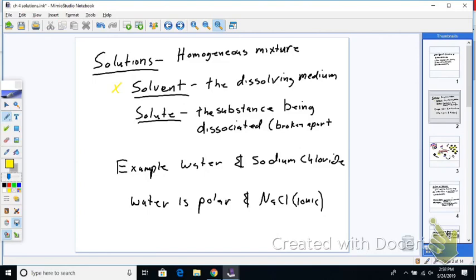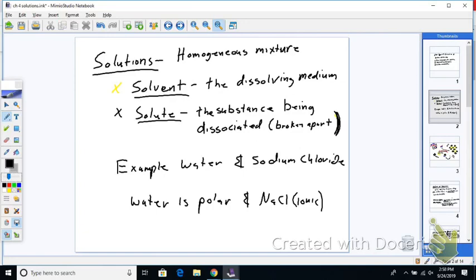It's causing the dissociation to take place. The solute is the substance that is being broken apart or being taken apart. When we say dissociate, we mean it's being broken apart. So that's what the solute is doing.